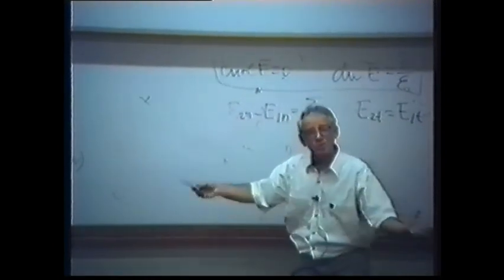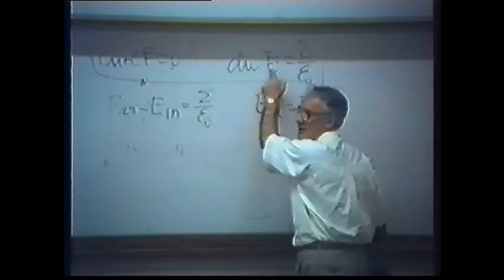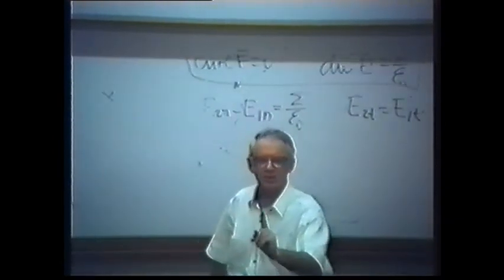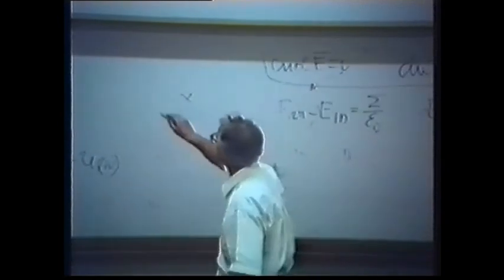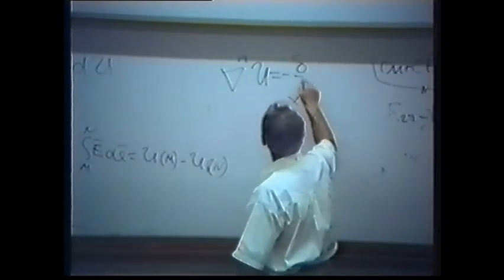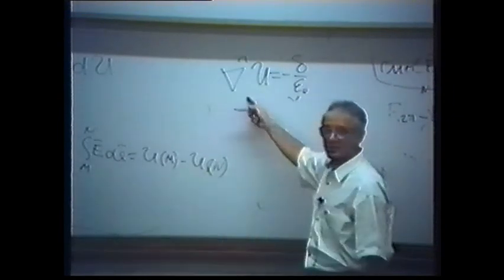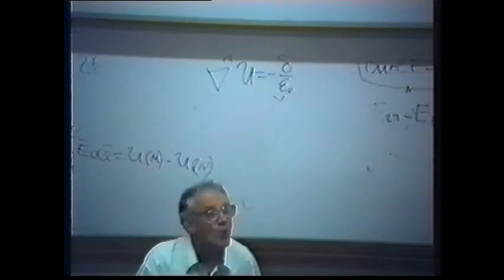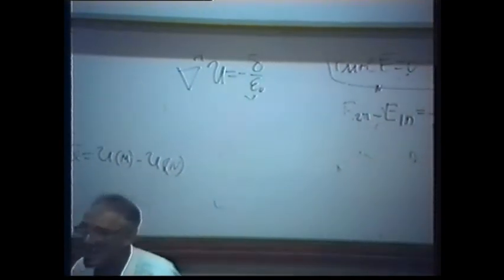Simple mathematics shows if we replace electrical field into this expression, we will get a very famous equation. I doubt that you don't know it. Do you know what it is? How is it called? Poisson. Poisson equation.